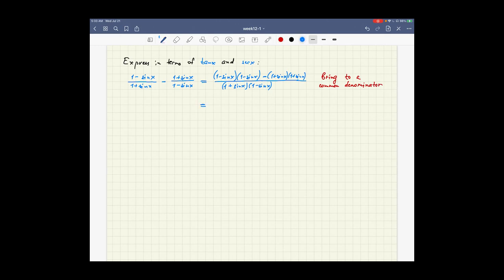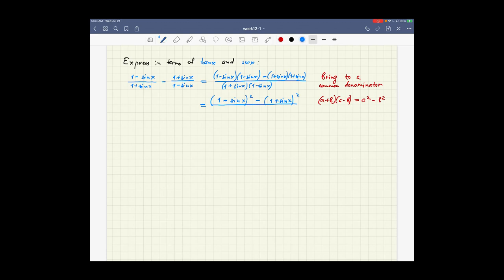Now if we expand the squares in the numerator, that simply is, or rather let's write it just as a square first, 1 minus sine x squared minus 1 plus sine x squared over the denominator, where we can use the formula a plus b, a minus b equals a squared minus b squared.